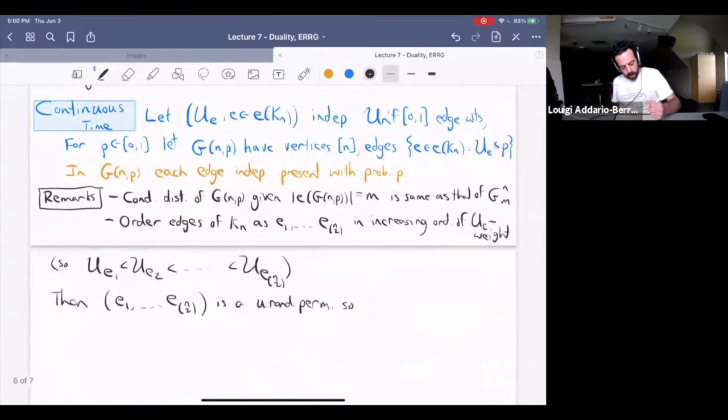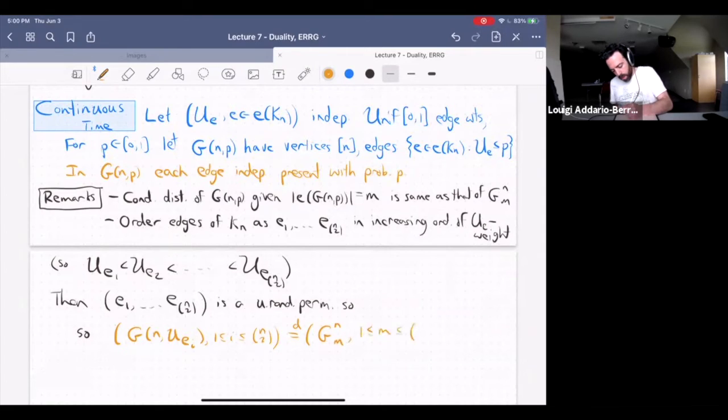And so that says that if we only observe the continuous time process in a sequence of snapshots at the times when the edges come along, then what we see has precisely the same distribution as the discrete time process observed at its sequence of discrete times. Okay. So that's about all I'll say about the discrete time model, unless there are any questions.